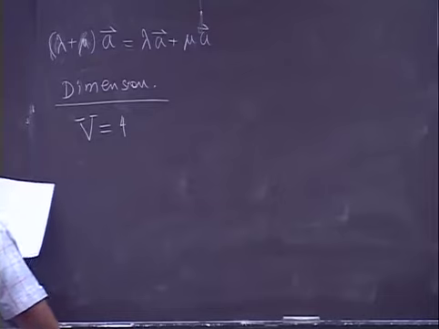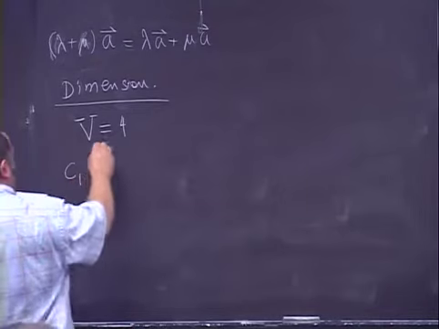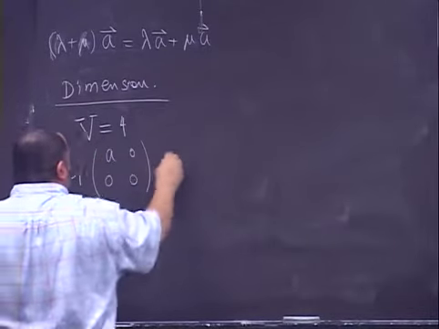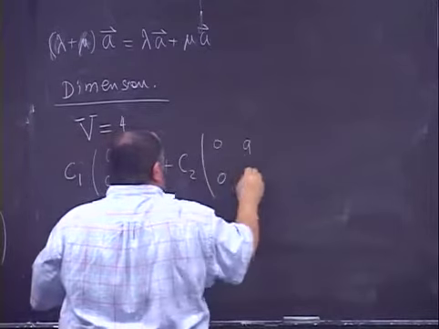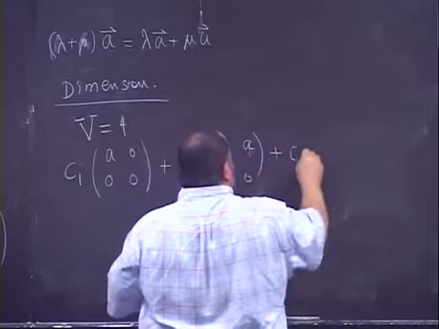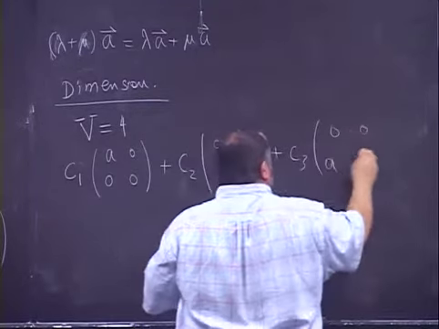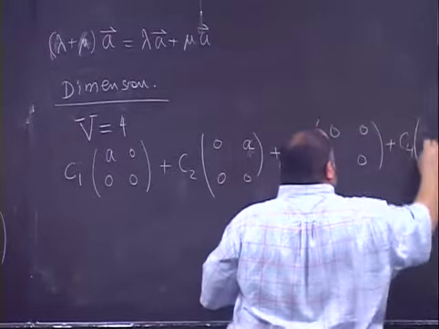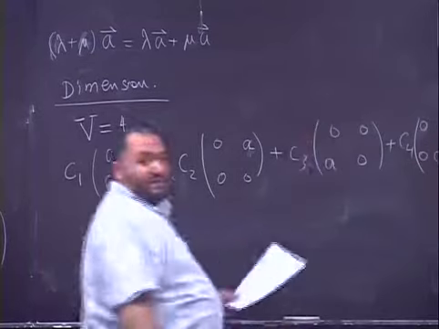Because any vector can be represented as C1 multiplied by A, 0, 0, 0, plus C2 multiplied by 0, A, 0, 0, plus C3 multiplied by 0, 0, A, 0, plus C4 multiplied by 0, 0, 0, A. Yes?